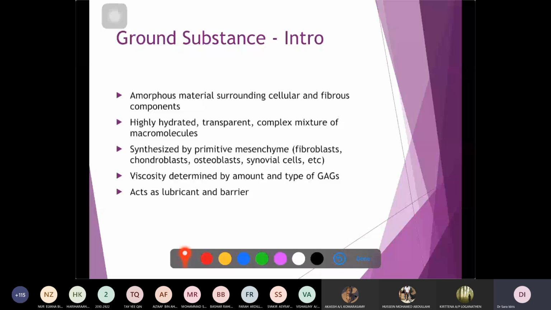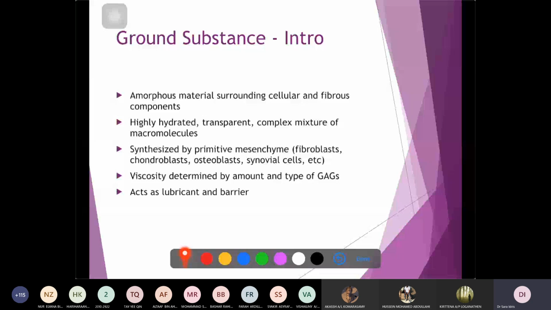It's amorphous, it doesn't have a shape. And it's made up of a highly hydrated, transparent, complex mixture of macromolecules. Different kinds of macromolecules will give you different kinds of ground substance. They're synthesized by primitive mesenchyme, by fibroblasts, by chondroblasts, osteoblasts, depending on where it's located.